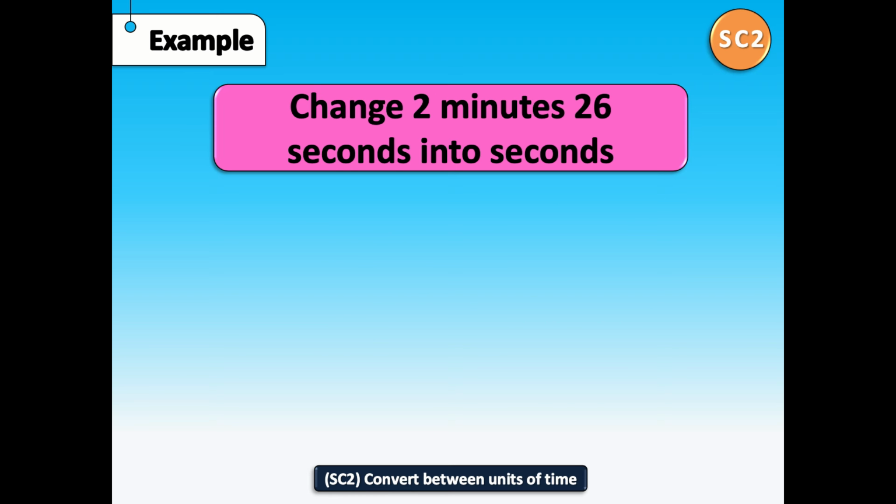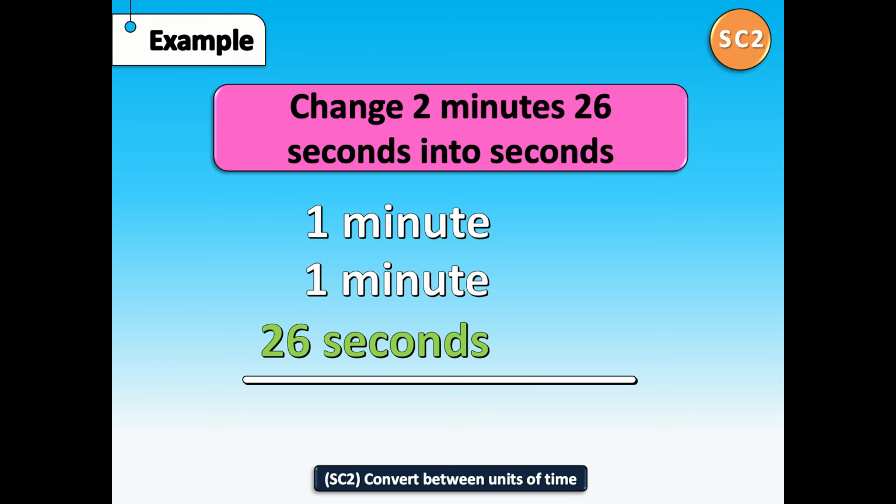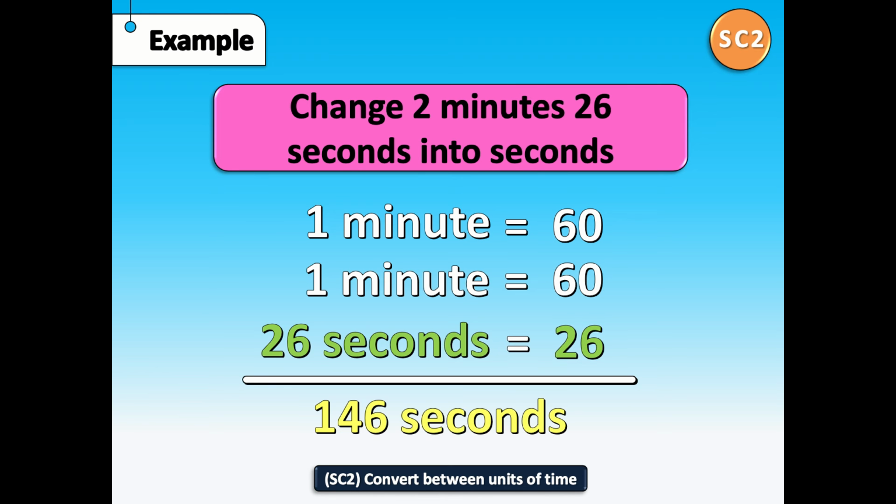This time we want to change 2 minutes and 26 seconds into seconds. Well, 1 minute and another minute and 26 seconds. So 1 minute is 60 seconds. So we add those together and we get 146 seconds.